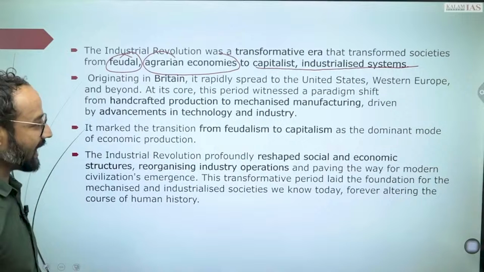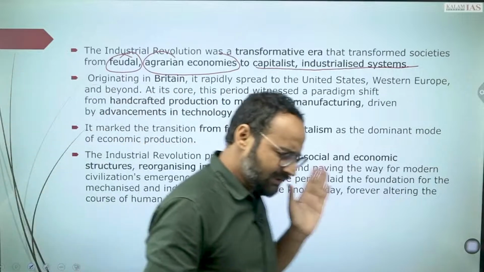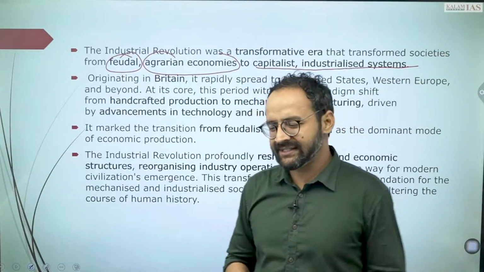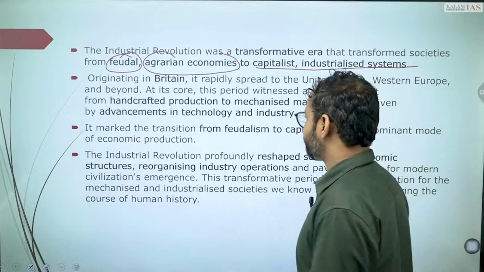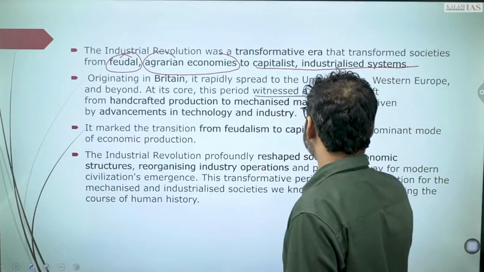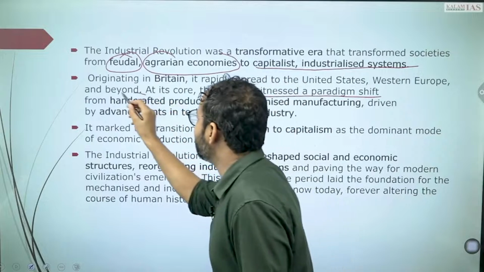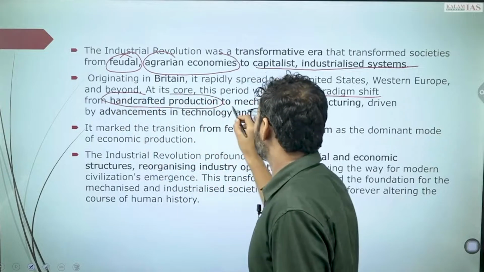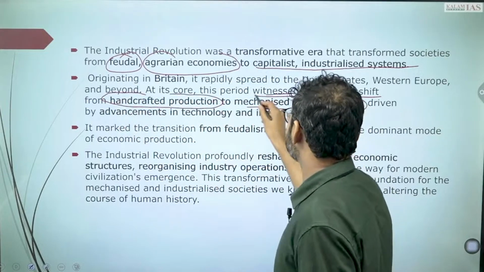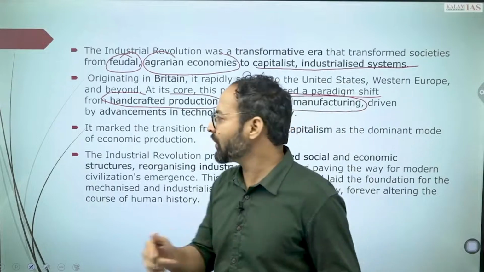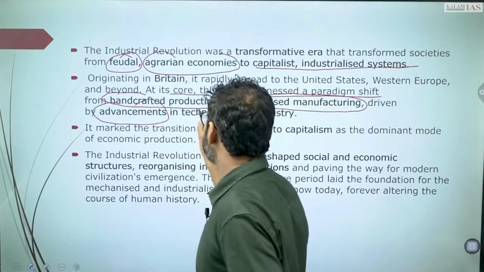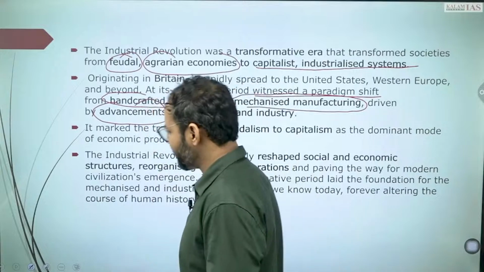Then, as I said, it originated in Britain in 1740s, 1760s. Then, at the core of this, it witnesses a paradigm shift from handicraft production to mechanized manufacturing units, which can produce more with an advancement in the technologies. Which are the technologies?